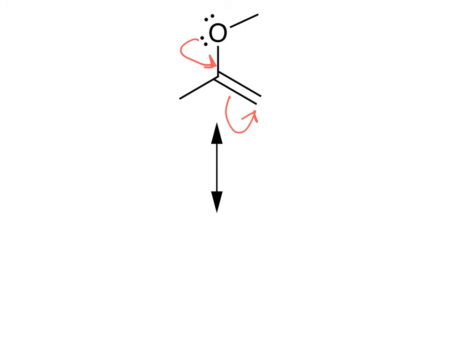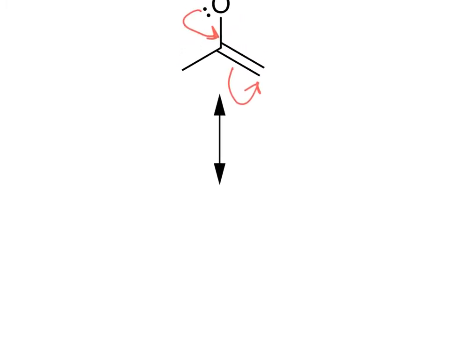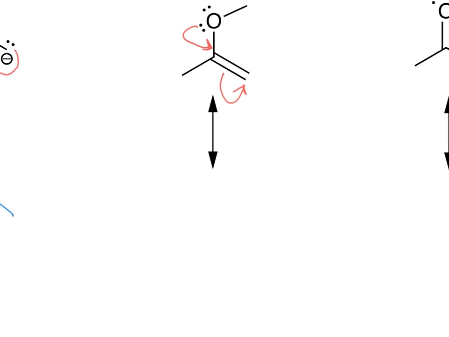All right, so then let's draw the resulting structure that we get out of this. Okay, so let me shrink this down a little bit. We're going to have our oxygen, and then a new double bond, then a new single bond, single bond, single bond.